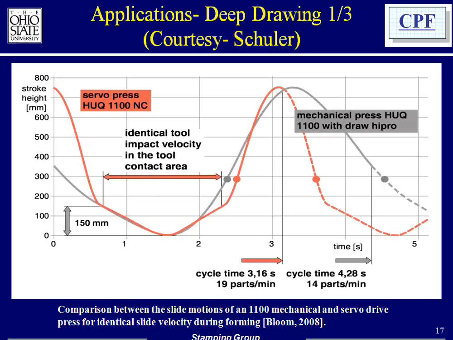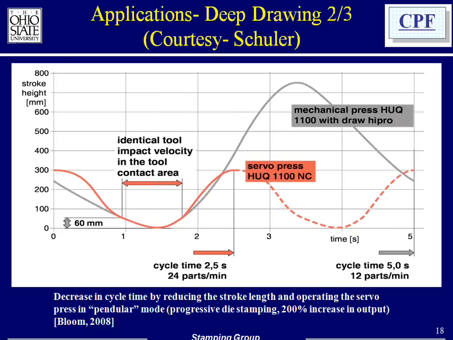Because of the slide velocity, you can change as you wish in a servo press, and all servo presses have the same capability. Now, what you see in slide 18 is that you can reduce the stroke length, or you can also work in pendulum mode. As a result, you don't need all the time to go to the top dead center like in a mechanical press.